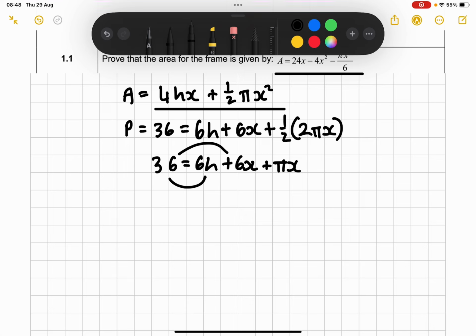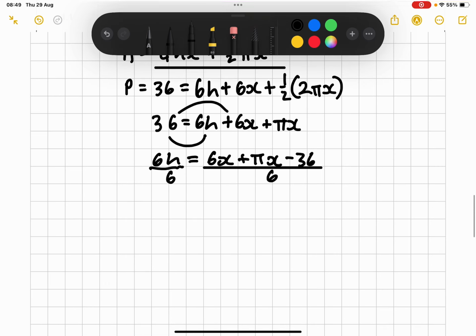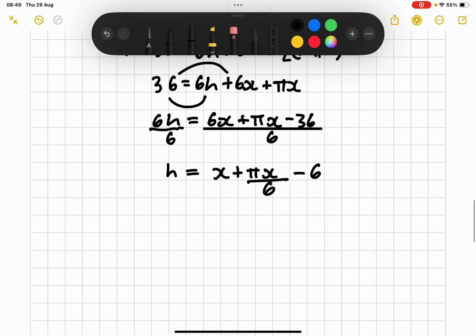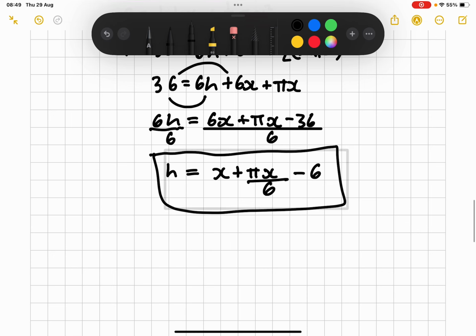So 6h is equal to 6x plus pi x minus 36. Now we're going to divide everything by 6 on both sides. And what we're left with is our h in terms of x values and whatnot, minus 6. We're going to pop a box around that.